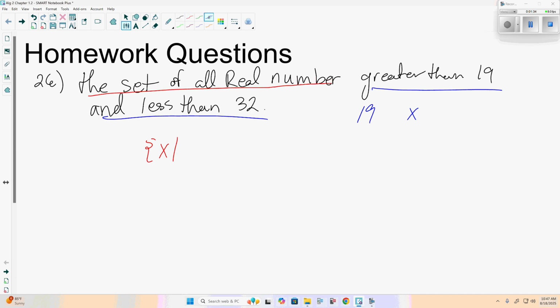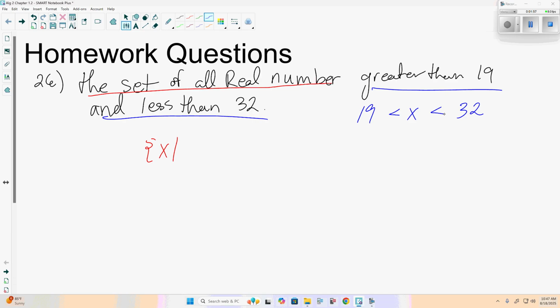Now the description, how we're describing it, is greater than 19 and less than 32. That means all the numbers that we can have are going to be between 19 and 32. Since it doesn't say greater than or equal to or less than or equal to, it means that we won't have 19 and 32. So 19 is less than x is less than 32.